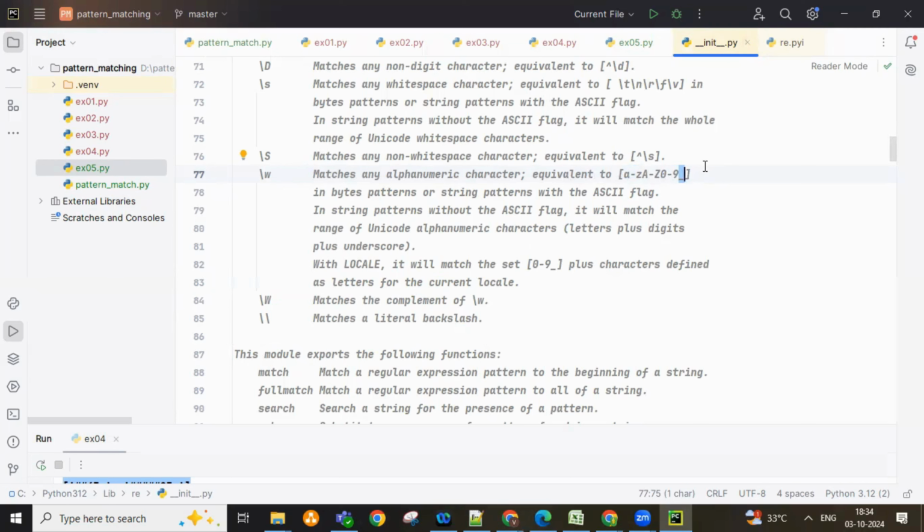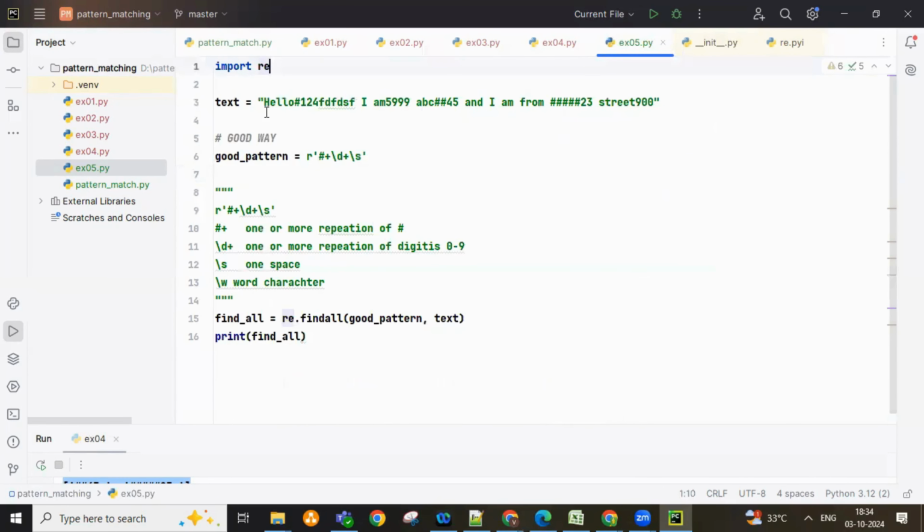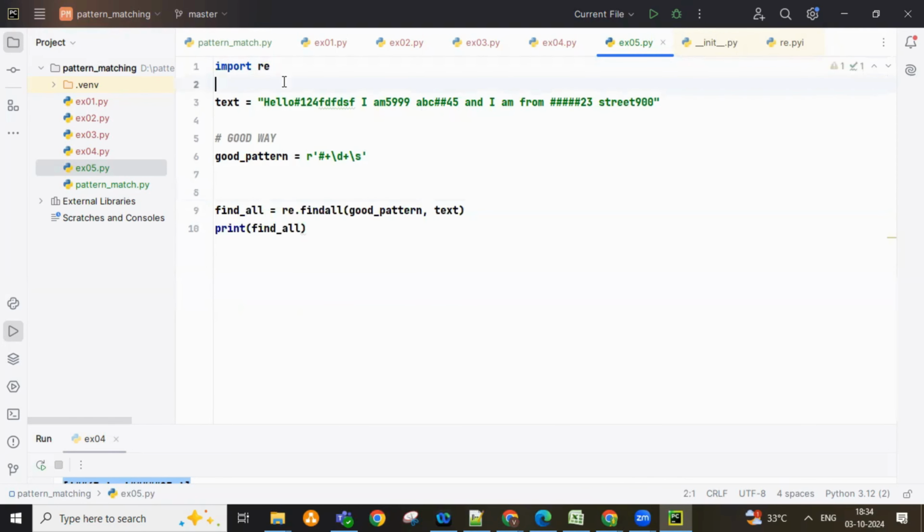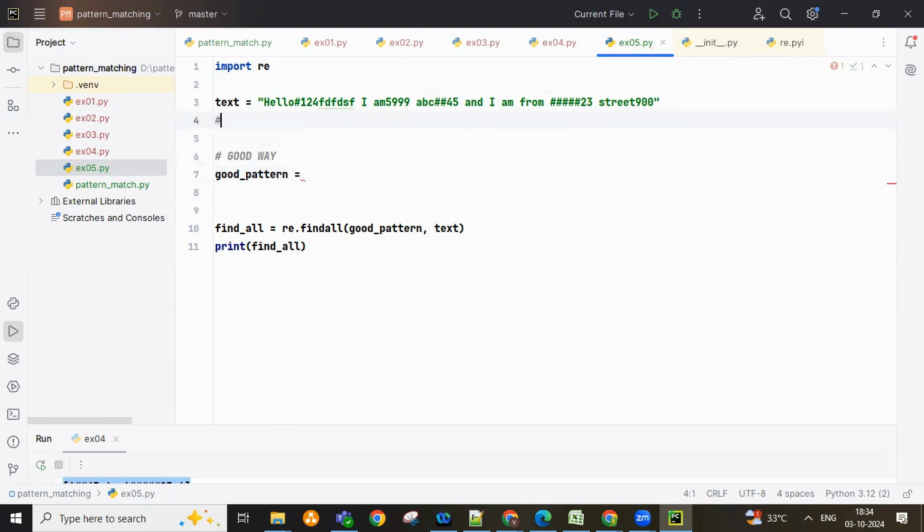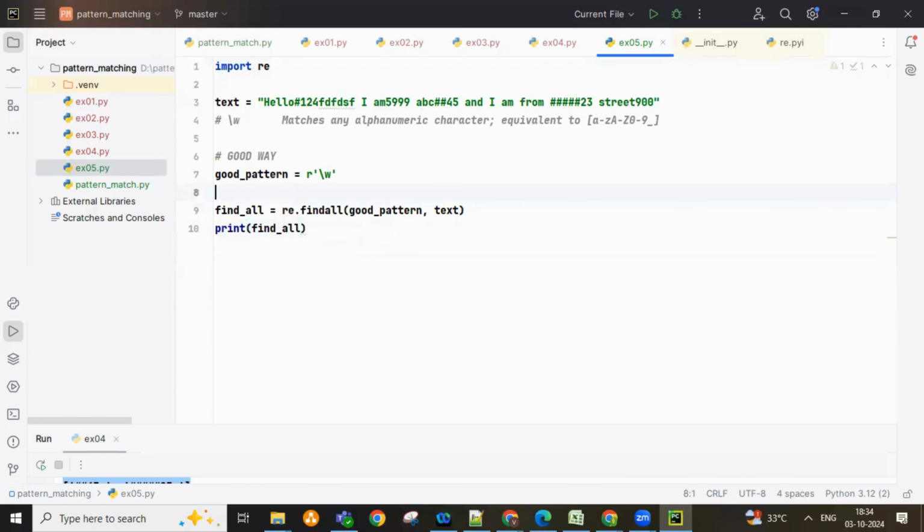So let's try to understand this with a few examples. Let me wipe out the pattern. So slash w matches any alphanumeric character equivalent to this. Now, if I write something like this, slash w, and do findall, what does slash w mean?